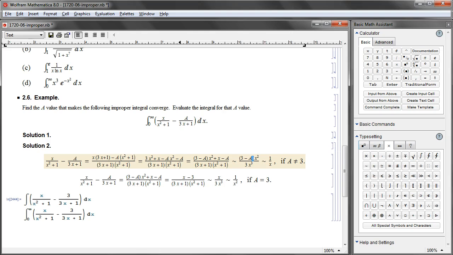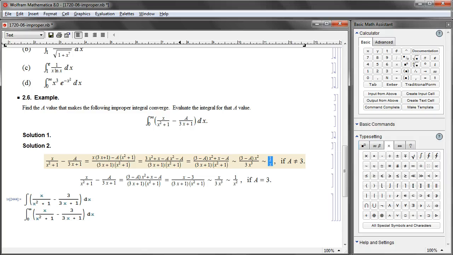As long as this 3 minus a is not 0 — in that case, you'll have to go over to the next order, because the x squared term will disappear. As long as 3 minus a is not 0, as long as a is not equal to 3, this will generate x squared over x cubed, so we're going to get a growth order of 1 over x.